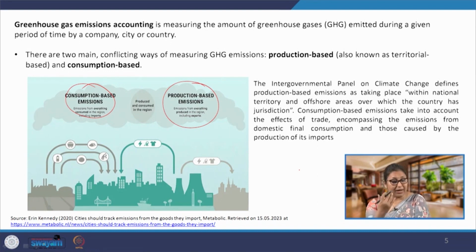Now, why at all do we want to have consumption based emissions? Because a lot of countries which you must already be seeing in the world, they have become the industries for the world, they are producing for the world. Now, in that case, they will continue to remain the largest emitters also, because the direct emissions are happening where the industries are, and few of the nations in the world are actually producing for the rest of the world.